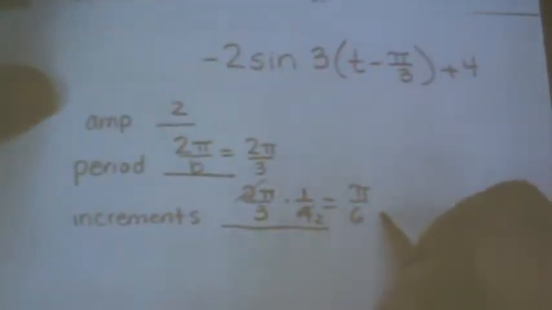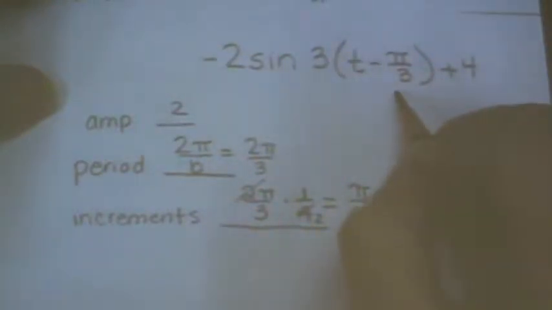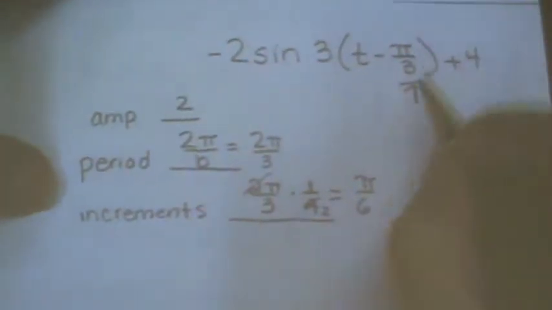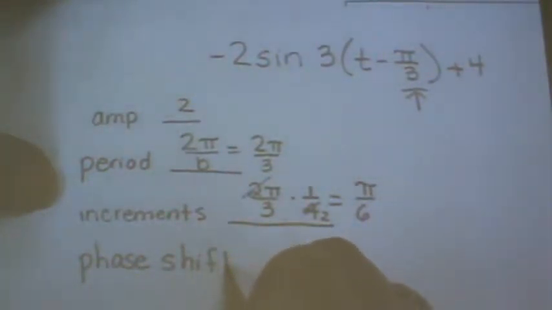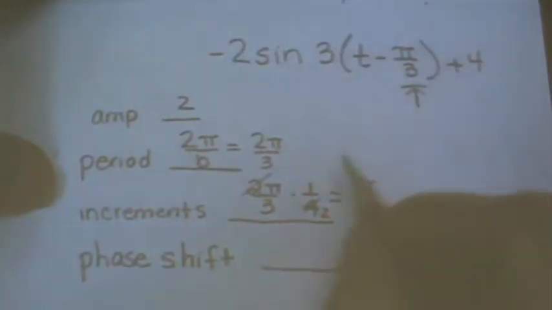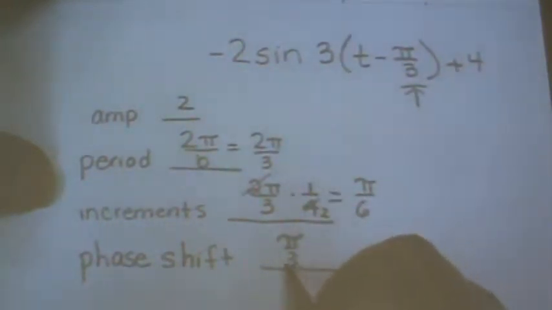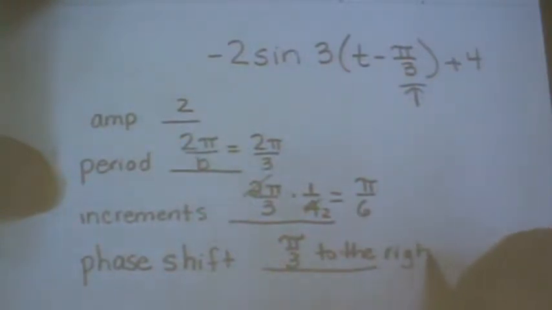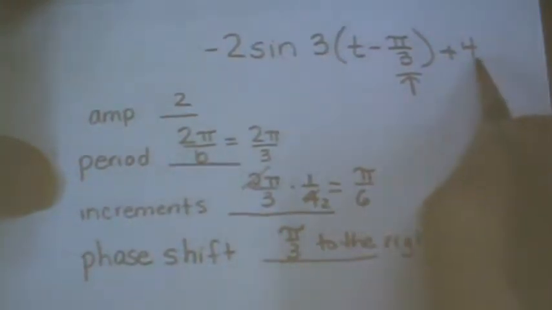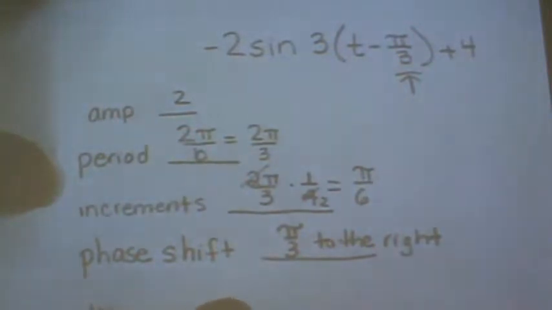So you're going to be counting by pi over 6. But this right here is your start position. That's called your phase shift. You are going to start at pi over 3 units to the right. And this is going to be up 4. Vertical or up.